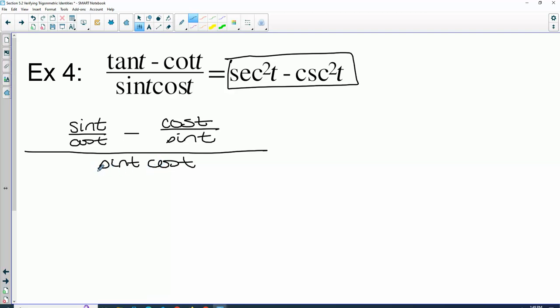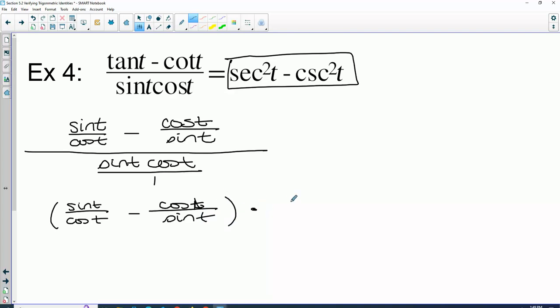This sine t cosine t, we think of that as over 1. So if we want to divide fractions, we know we keep the top, change the sign to times, and flip the bottom one.